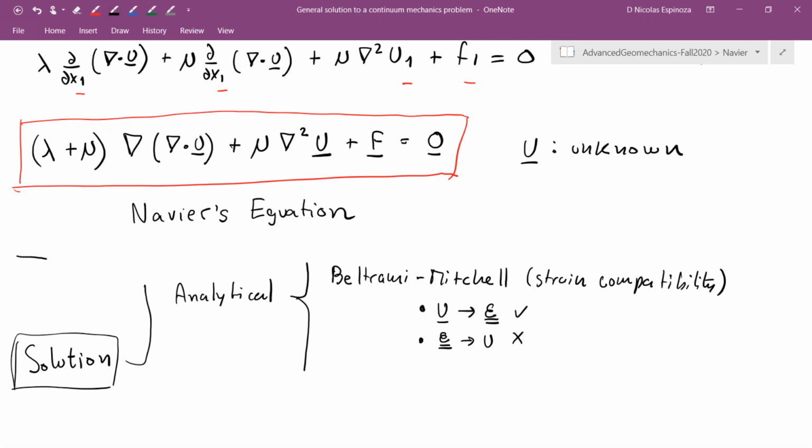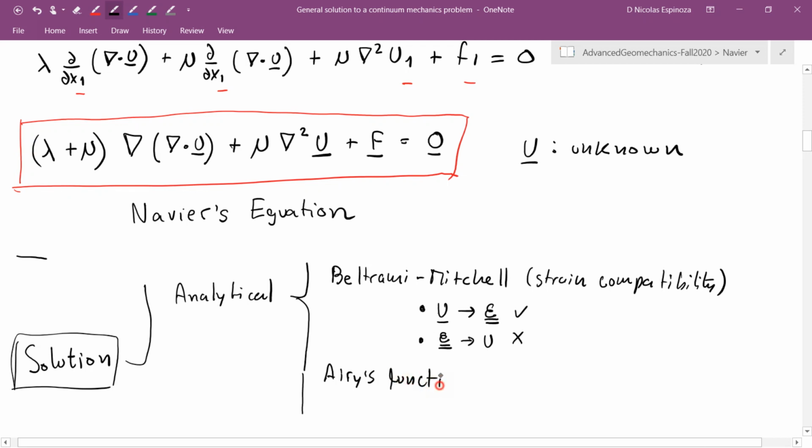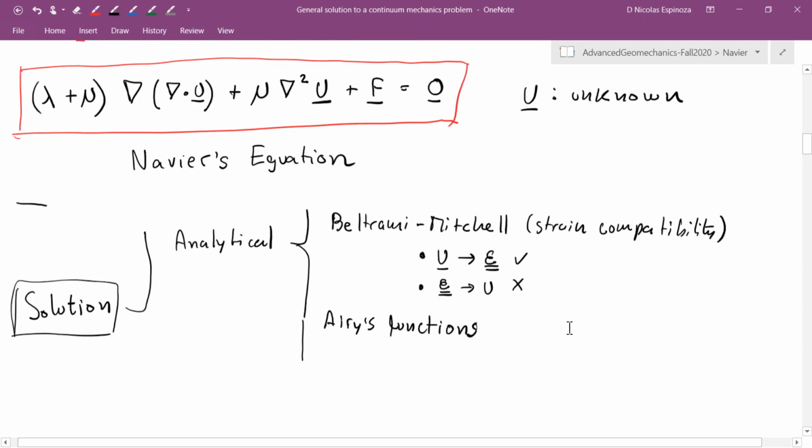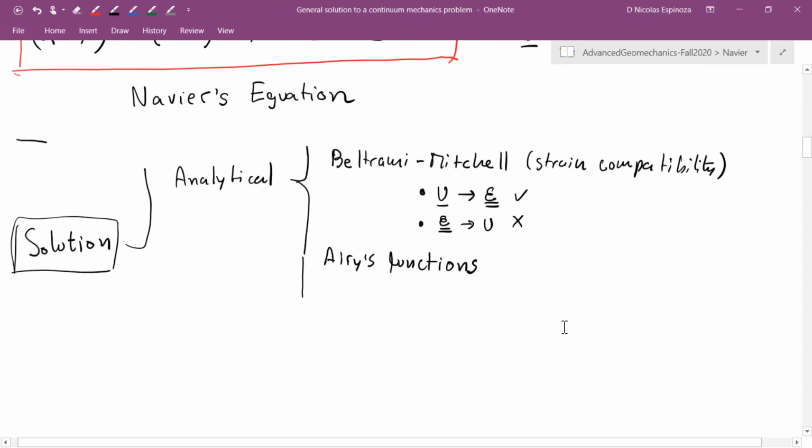And another solution here is to use the Airy functions. With the Airy functions, what you do is you postulate a solution for your equation, and you just check if that works or not. And usually this is done through this type of function.